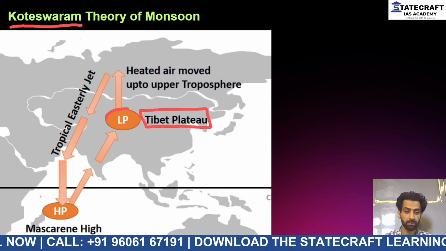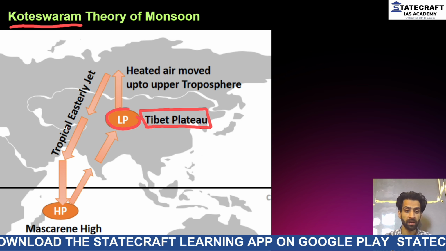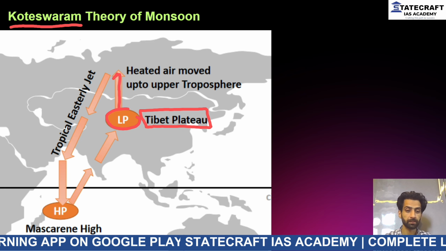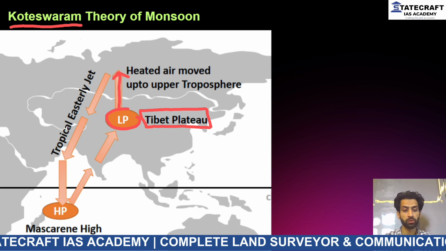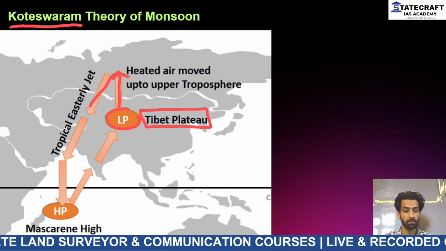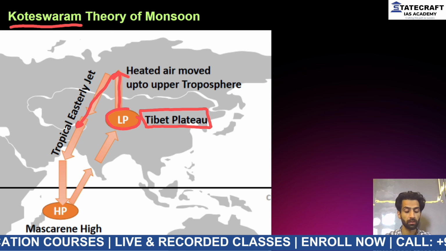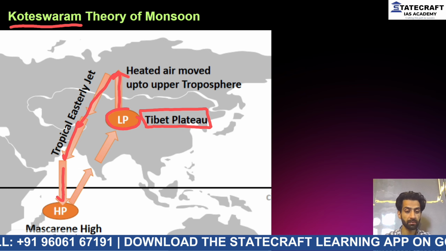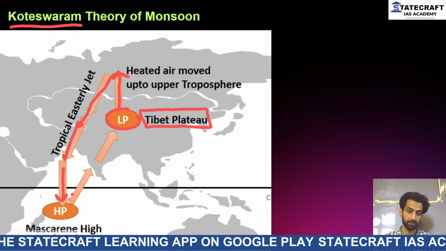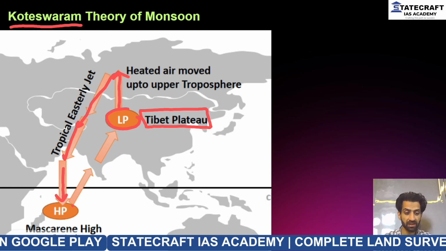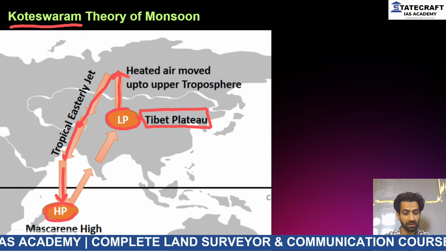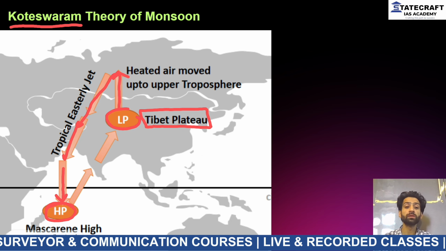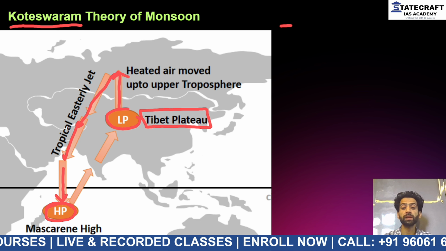This is the Tibetan Plateau where the air rises up, then starts to travel. One branch will start to come towards this region and eventually settles down at Mascarenes High. Clear? This increases the high pressure conditions on the Mascarenes. So that is how the Tibetan Plateau plays its role.